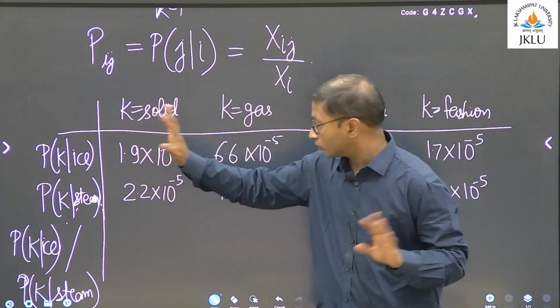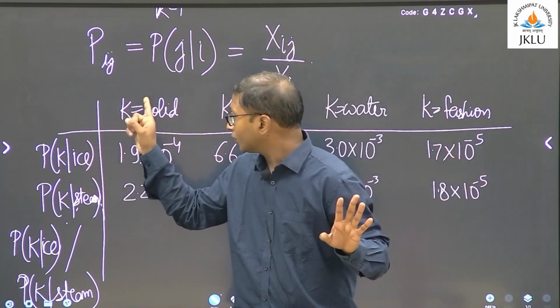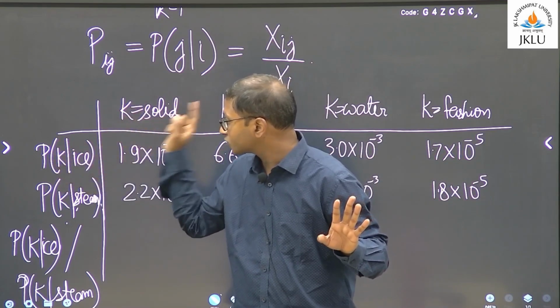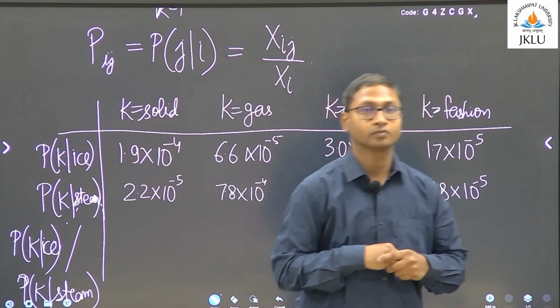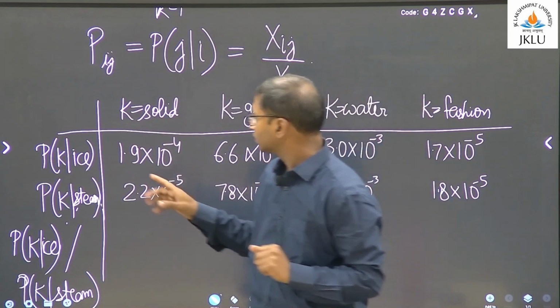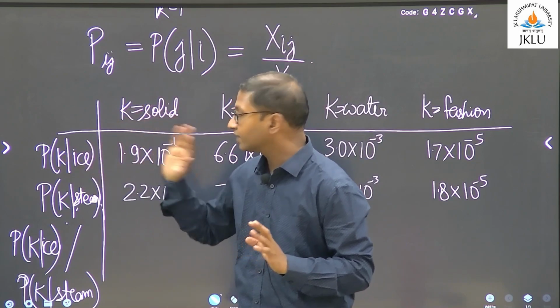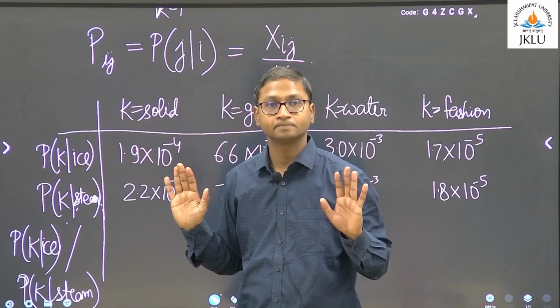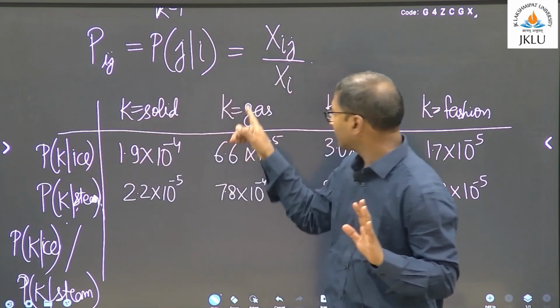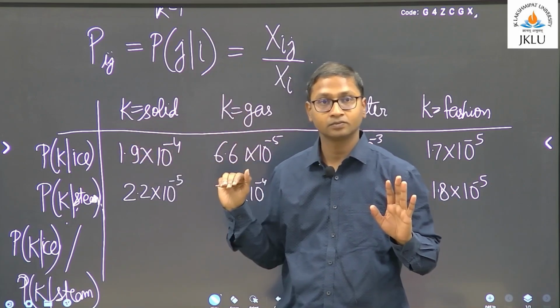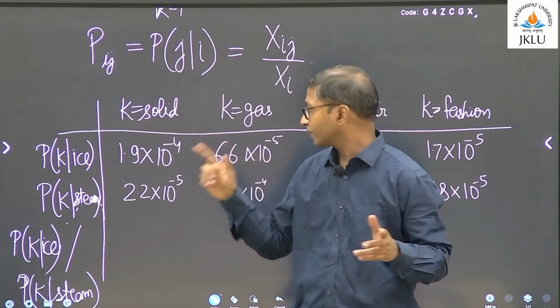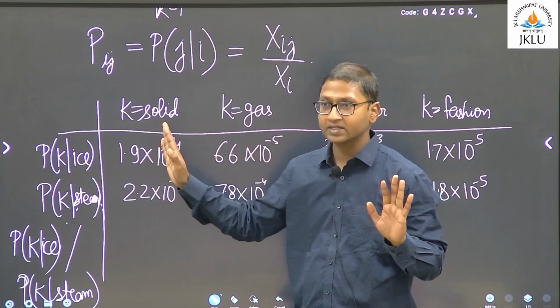Again, I come back to my question. What do you expect this probability, probability of solid given ice, to be? What is the probability of gas given ice? Not very low, but at least comparatively lower.